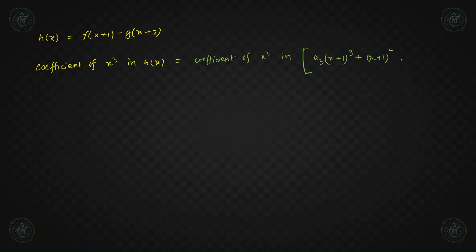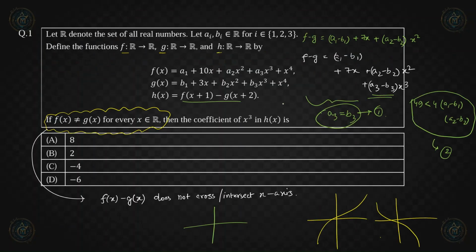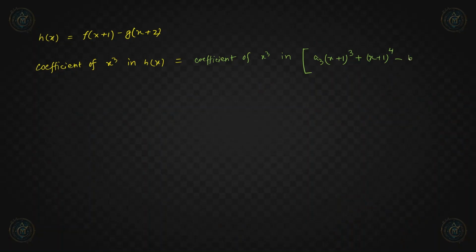Now we have to subtract g of x plus 2. By the same logic, the coefficient of x cube will be found only from these two terms, because none of the other terms include x cube. So we have minus b3 times (x plus 2) whole cube minus (x plus 2) whole to the power 4.